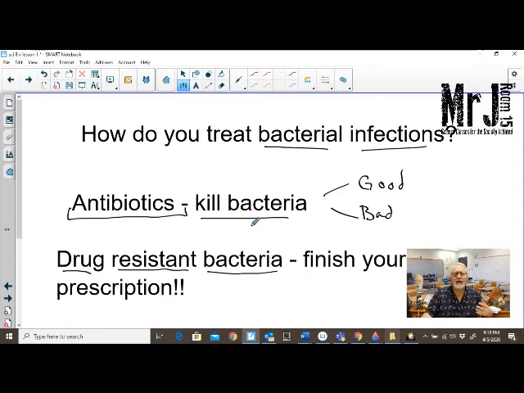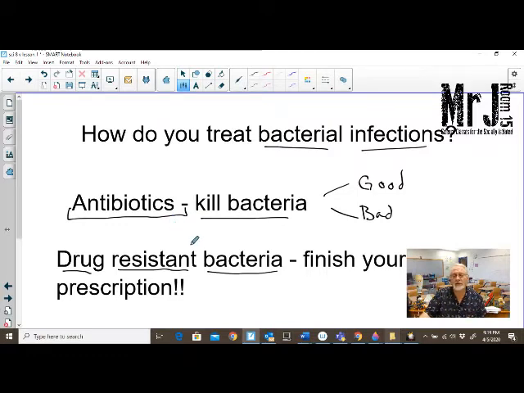It doesn't kill them any longer when it used to. And this has happened because of how people have taken antibiotics. Well, there's two ways. Doctors overprescribe antibiotics. I feel sick. Here, take an antibiotic. It's not going to do you any harm, but, oh, I feel better. It's because they've taken the pill. It's not necessarily because the antibiotic has done anything.